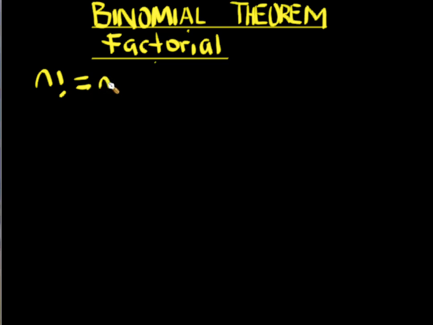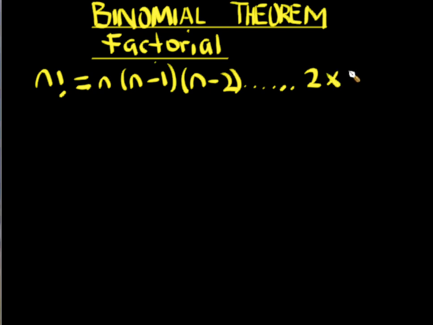It's given by the formula n multiplied by n minus 1 multiplied by n minus 2, down till you get to 2 times 1. This would be our general formula.